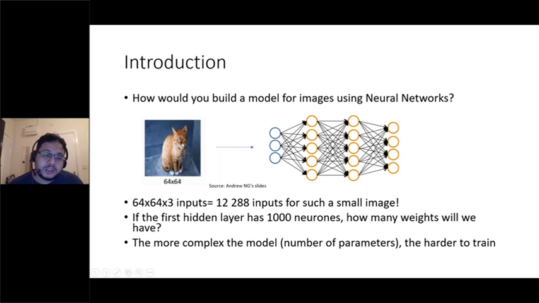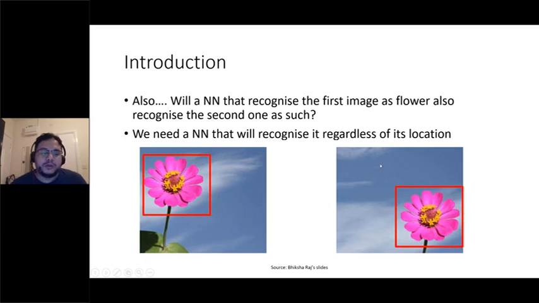If my neural network was trained to recognize flowers here, it has learned to recognize what comes in here, not in here. And normally we don't want that. We want my neural network to scan all the pictures, to do the same thing across the image.